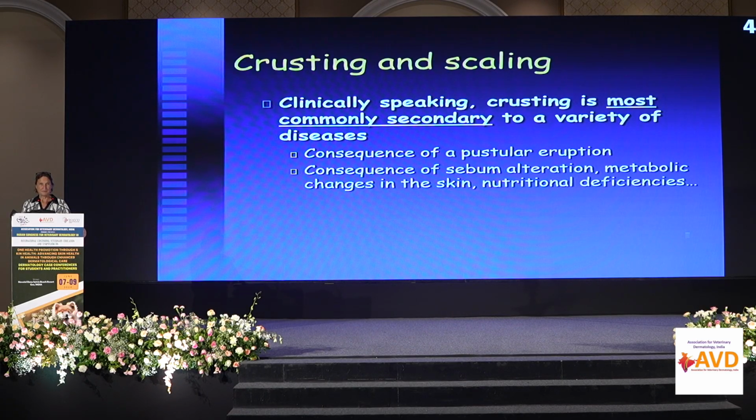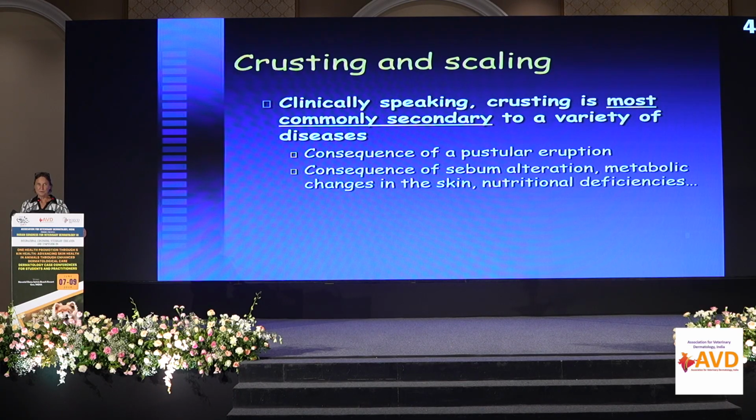Clinically speaking, the vast majority of crusting scaling diseases you're going to see in practice are secondary. So they're due either to a pustular eruption or to some kind of change in the sebum composition and so on.